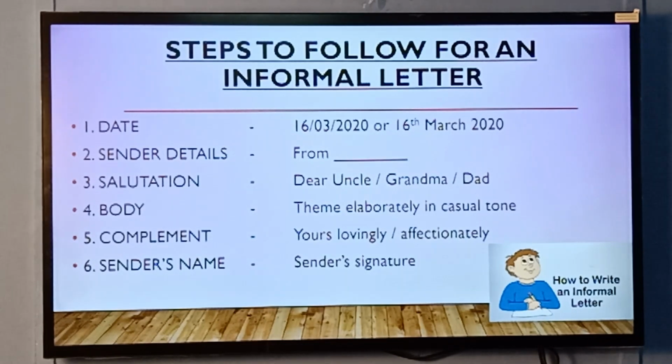Date, as I have mentioned, 16/3/2020 or 16th March 2020. Sender details, that is your from address. Salutation, you can start writing as dear uncle or dear grandma or dear dad. Next comes the body of the letter. The theme should be written elaborately in a very casual and cool tone.